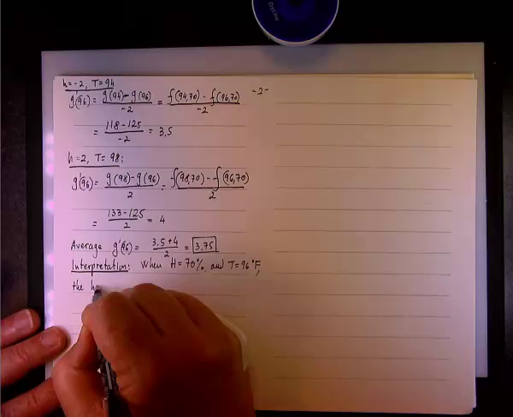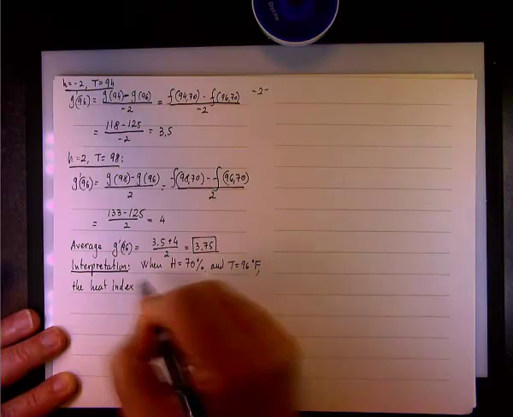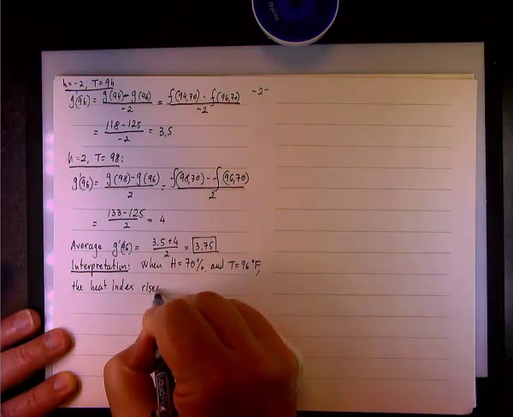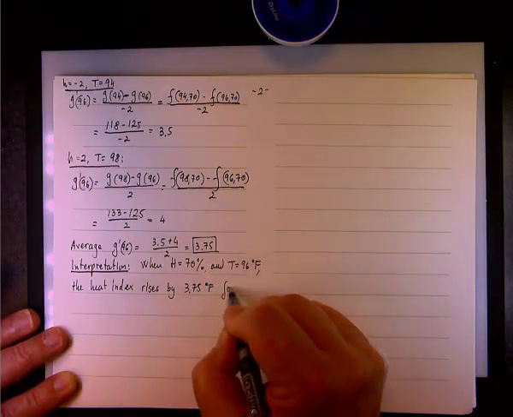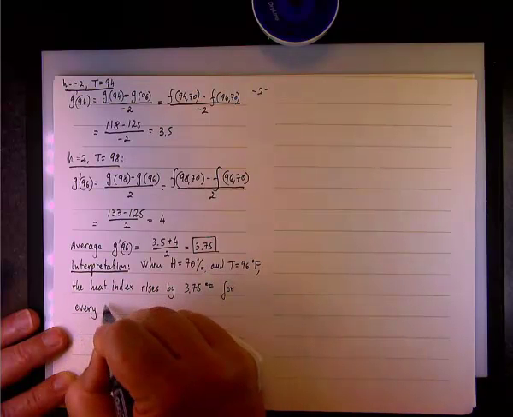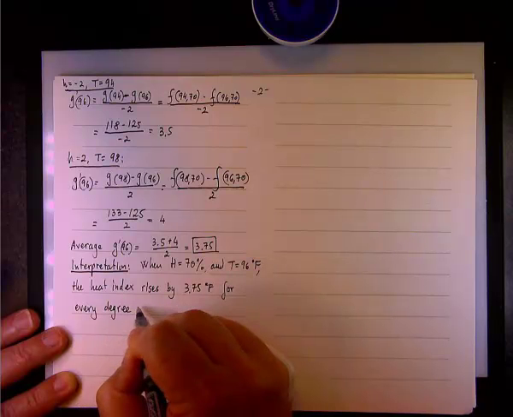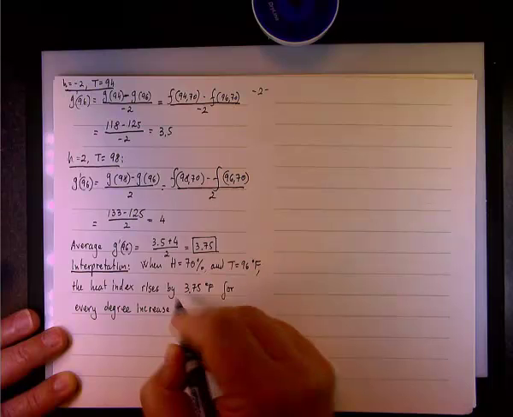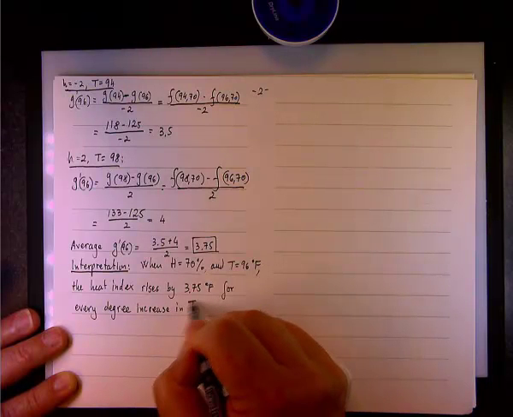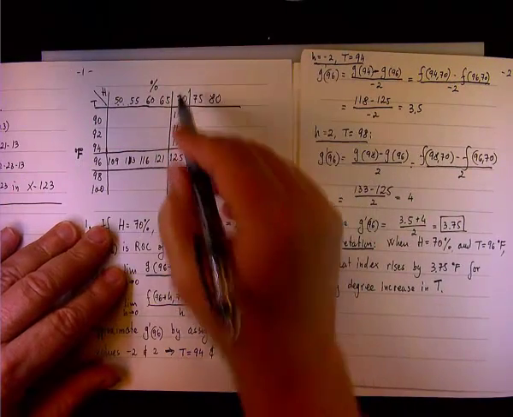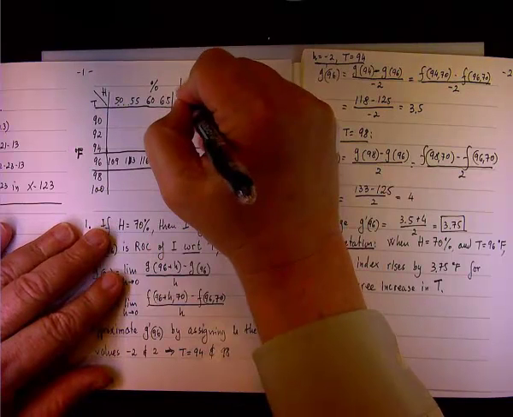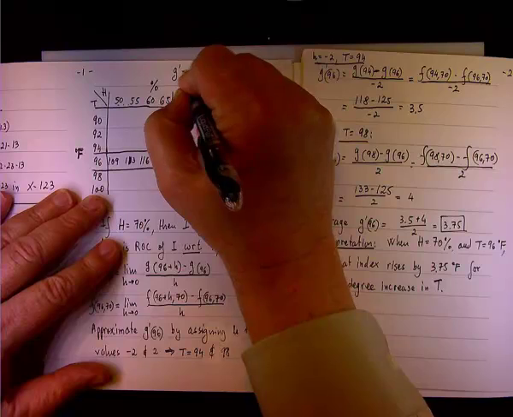So we're going to write: when H, the humidity, equals 70%, and T equals 96 Fahrenheit, then the heat index rises by 3.75 degrees Fahrenheit for every degree increase in T, in temperature.